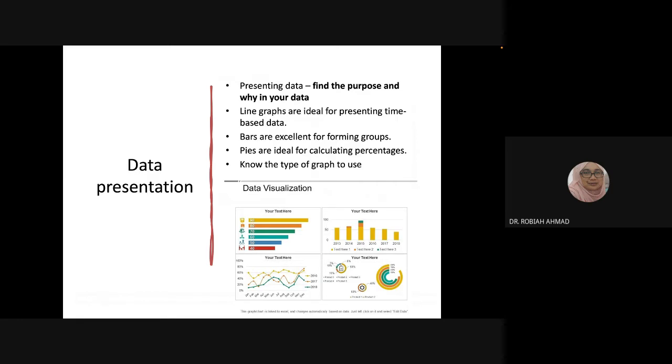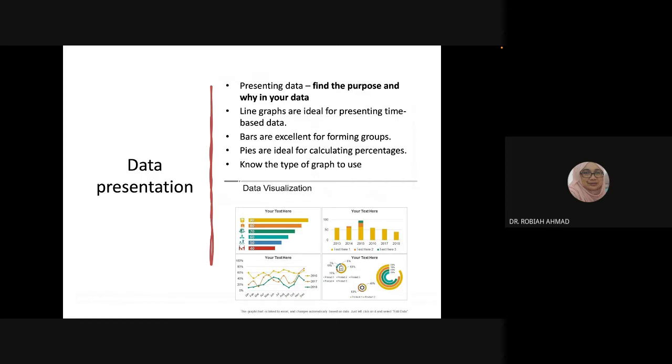Then we move to the next one, which is data presentation. In presenting our data, we have to go back to the purpose and why.